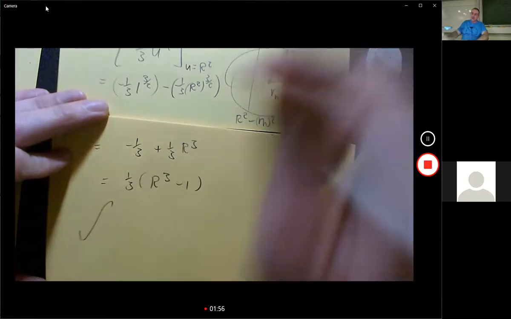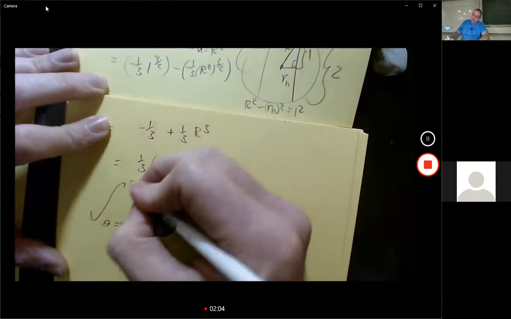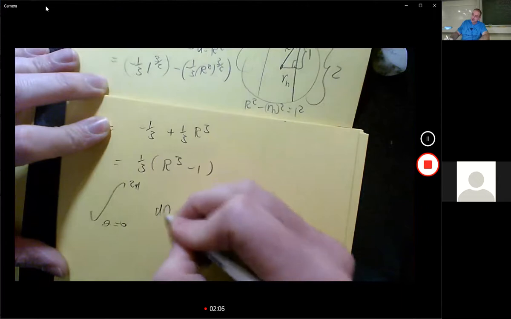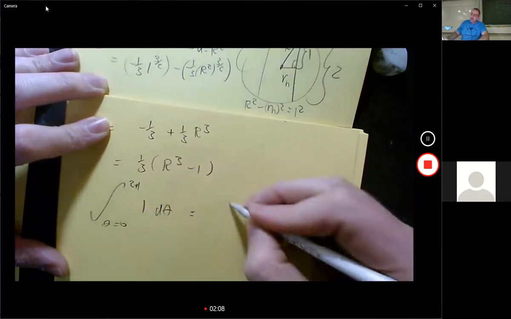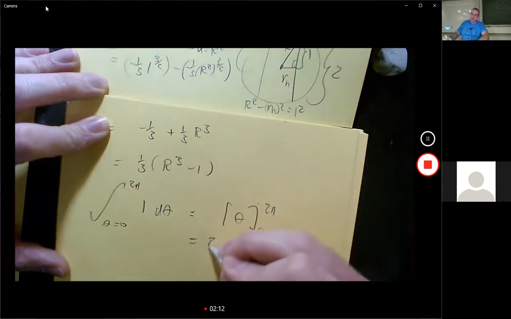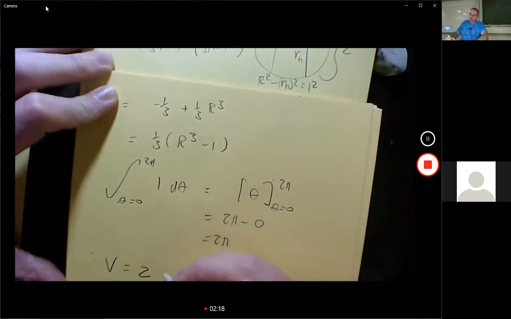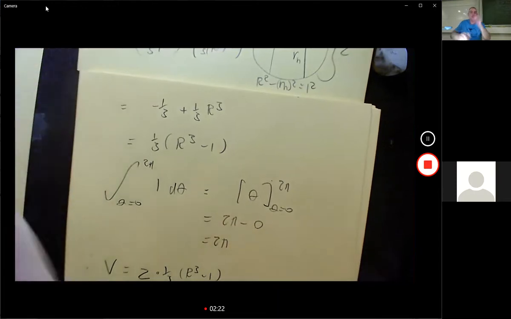And this integral, we only just did this integral here. And the other integral from theta equals 0 to 2 pi of d theta, well, that's a 1, and so that would be theta from 0 to 2 pi, which would be 2 pi minus 0, which is 2 pi. And so therefore my V is 2 pi times the first integral, which was a third. Oh, crap.